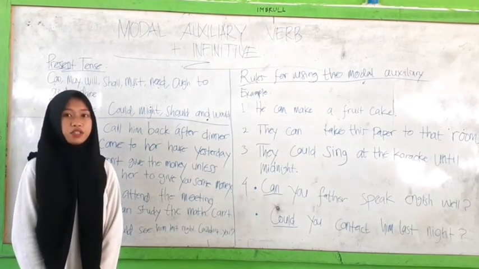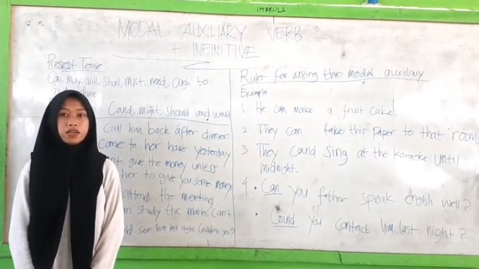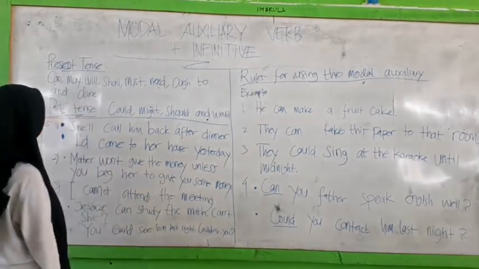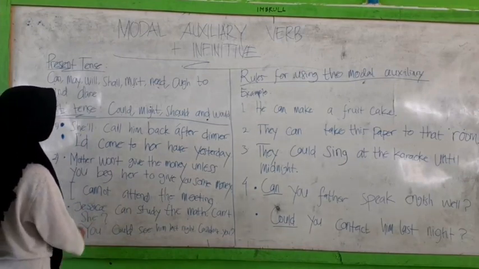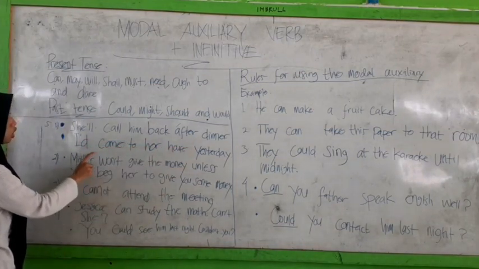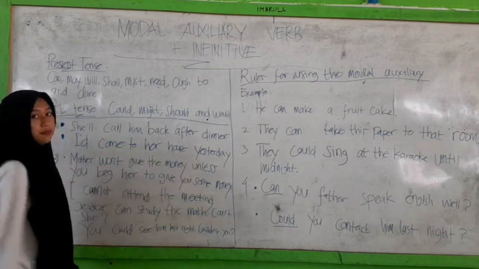Will and would are usually shortened to apostrophe double L and apostrophe D. Example, she'll call him back after dinner. I'd come to her house yesterday.